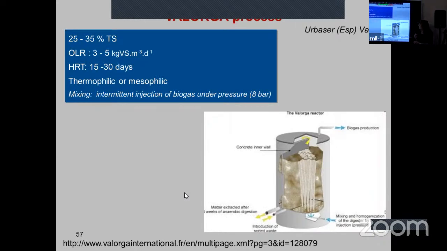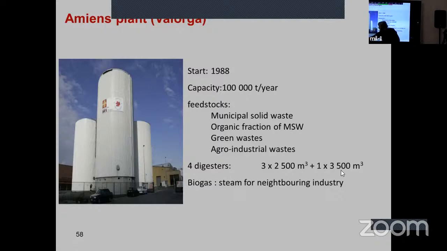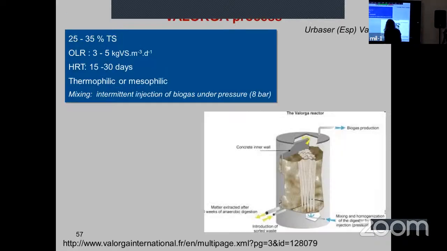So now here are a few examples of continuous processes, the Valorga process. The particularity is that the mixing is provided by some biogas recirculation.